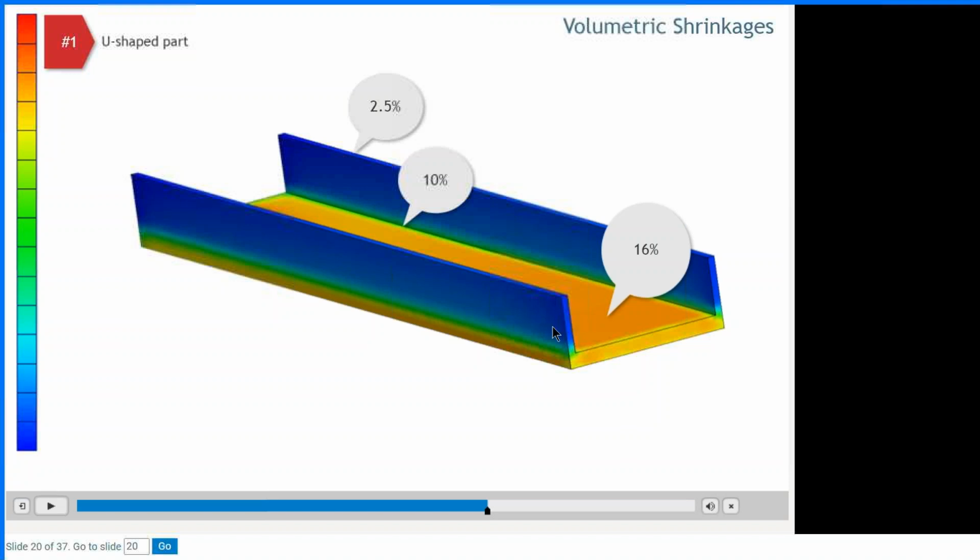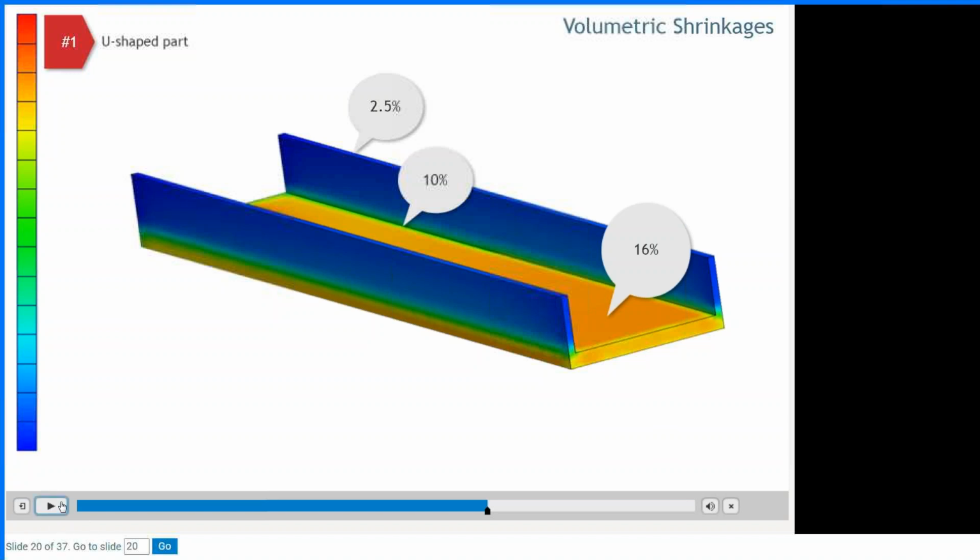Yeah, and we have 100 thousandths of an inch for the side walls. So they are much thinner. And logically, the base has a lot more shrinkage. So 16% on a volumetric basis, that's a lot of shrinkage. And then you can tell on the sidewall, when you get a little further up, you go from 10 to 2.5. So there's huge shrinkage differences because of the wall thickness variation.